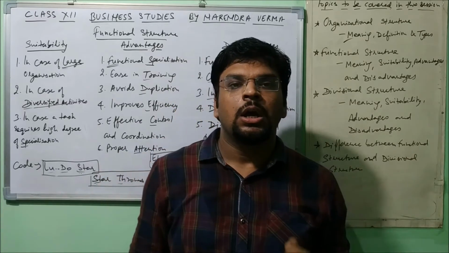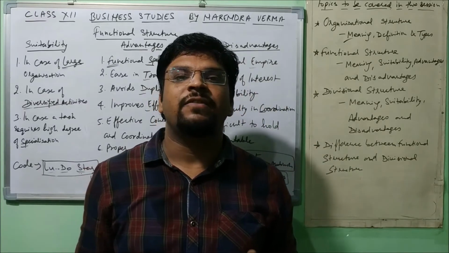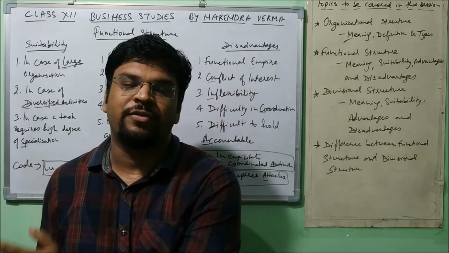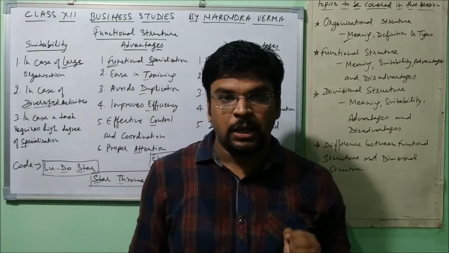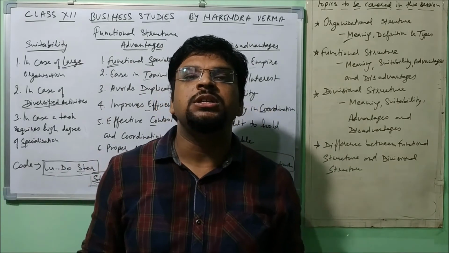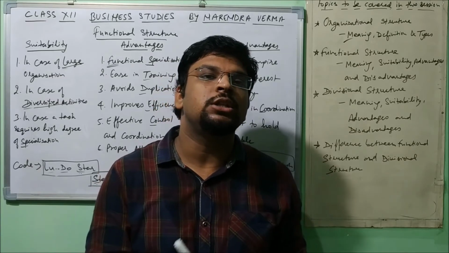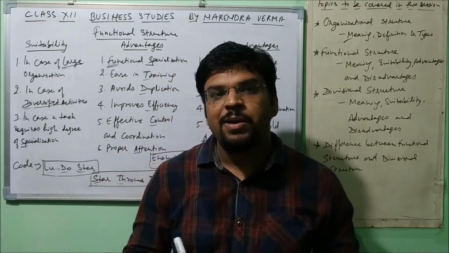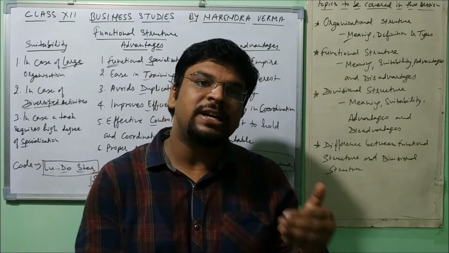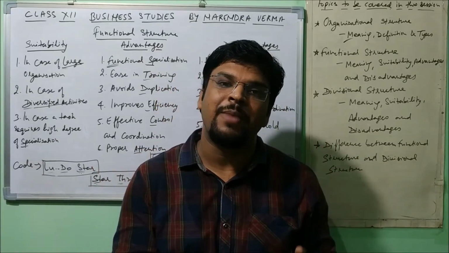For example, if the organization has 4 departments, like production, marketing, finance, and sales, the people who are working under these departments become specialized in these activities. Why? Because again and again they are performing the same kind of task, and every time they try to perform better and better.